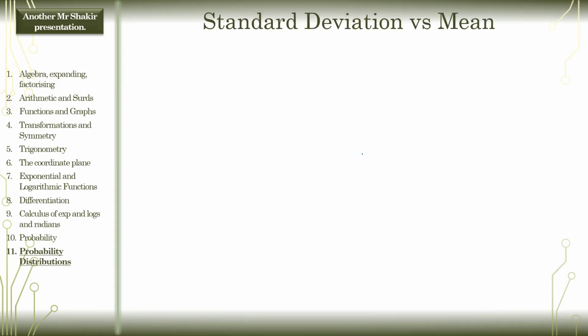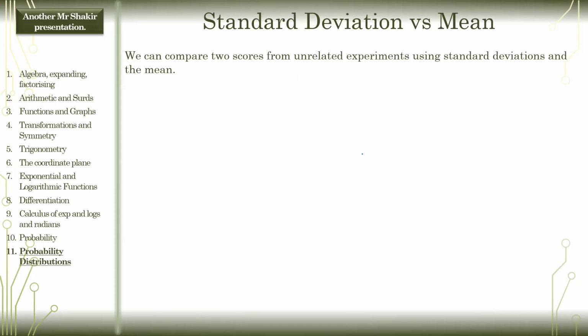Sweet. And standard deviation versus the mean: we can compare two scores from unrelated experiments using standard deviations and the mean. This is interesting. I can almost guarantee it's going to be in the HSC because it is common with the standard course.